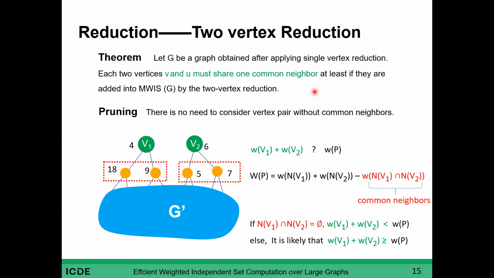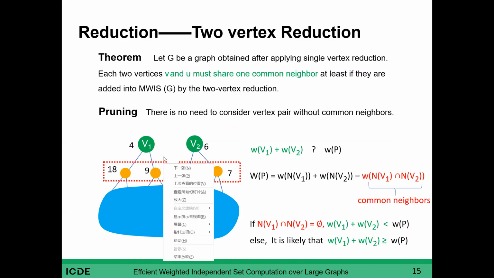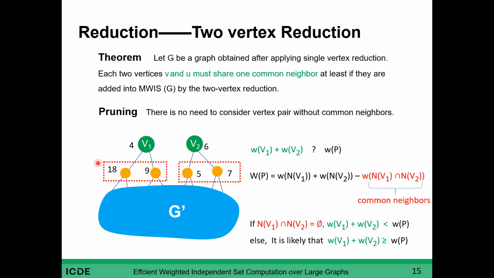Because after cleaning by the single vertex reduction, the weight of the remaining individual vertex is certainly smaller than that of its neighborhood. For example, look at this graph. Both vertex V1 and V2 are smaller than their neighborhood. You can see 4 is smaller than 18 plus 9, and here is 5 plus 7, that is 12, and 6 is smaller than 12.